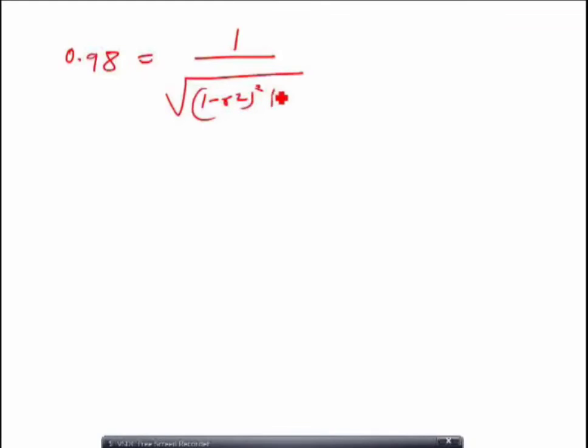Okay, so now 0.98 is equal to 1 upon the square root of (1 minus r square) bracket square plus (2 zeta r) bracket square.